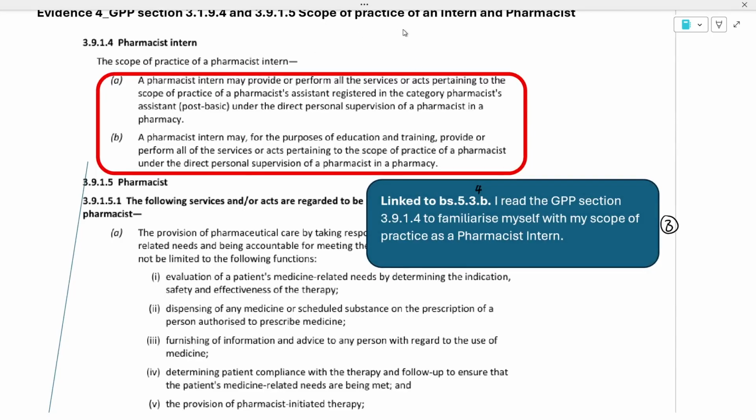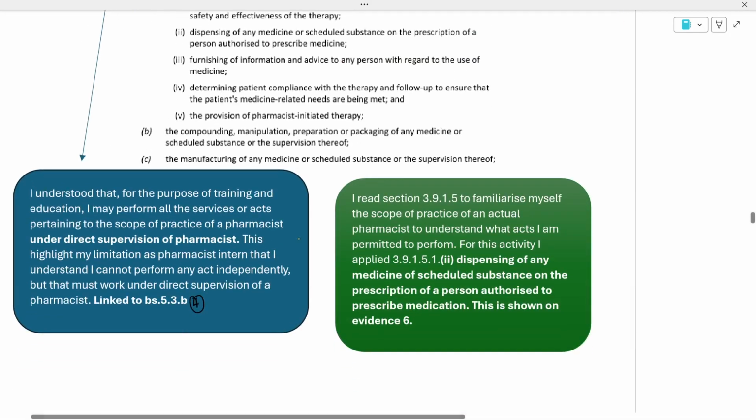I read the GDP section to familiarize myself with my scope of practice as a student. I understood that for the purpose of training, this highlights my limitation, that I cannot perform. Okay. All right. So good annotation, but here, explain application. Even if you said it, explain it.